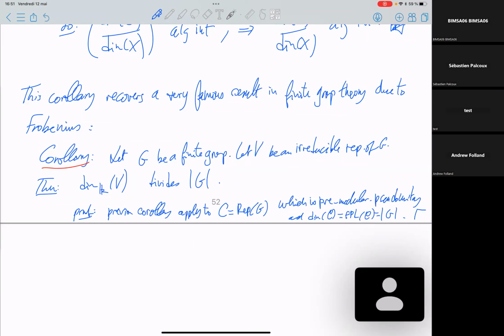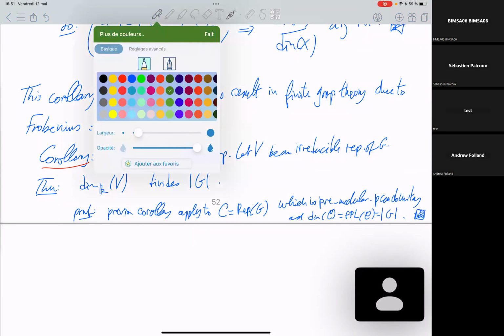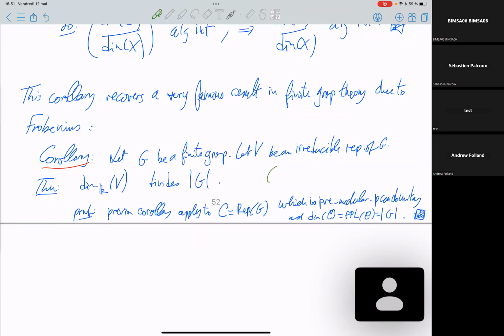Here, the field is algebraically closed of characteristic 0. Otherwise, it's not true.